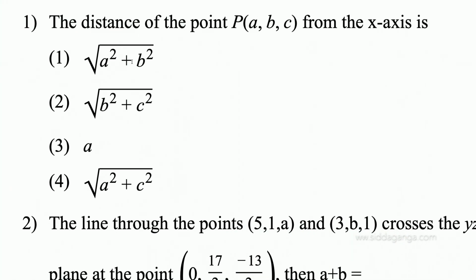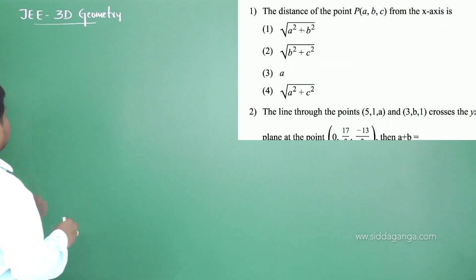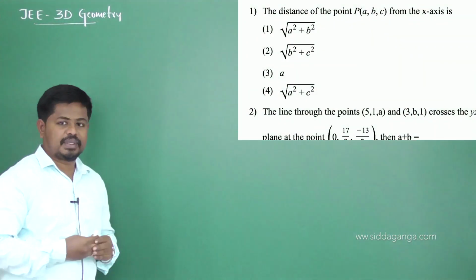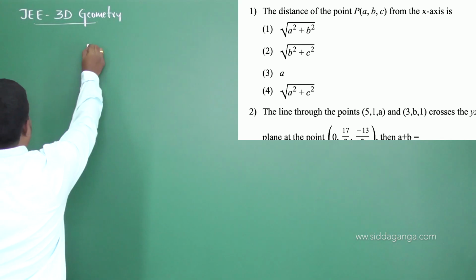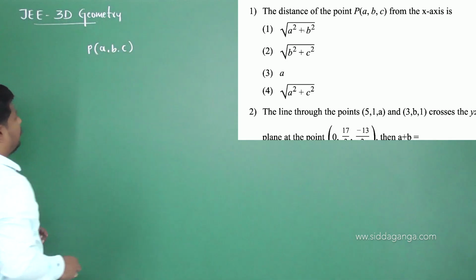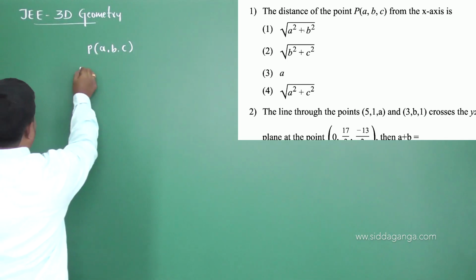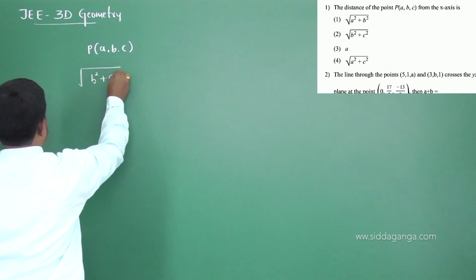Yes, the first question is a simple one. Distance of the point (a, b, c) from the x-axis is. Student, it is a basic thing we have discussed in the first PU level. The distance of any point P with coordinates a, b, c from the x-axis is given by root of b square plus c square.